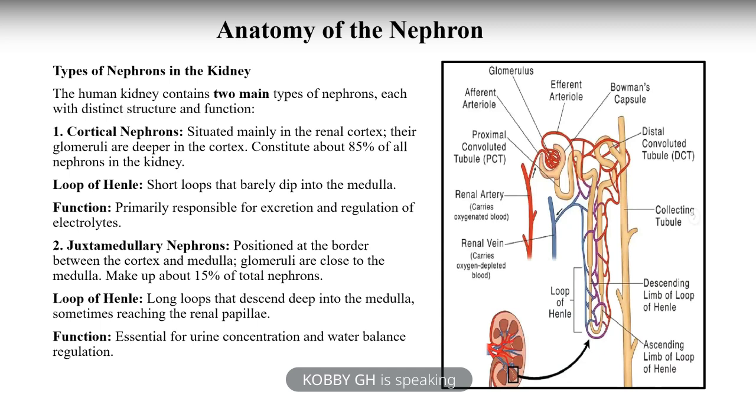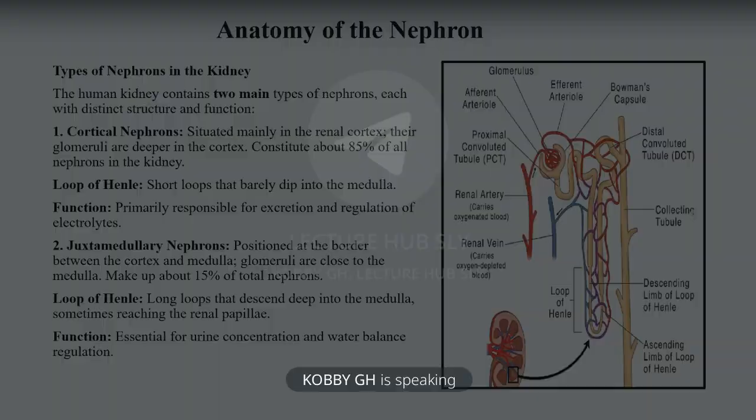Like I said earlier, the nephron is responsible for forming urine, helping your body get rid of waste substances. One of the major functions of the nephron is filtering the blood.